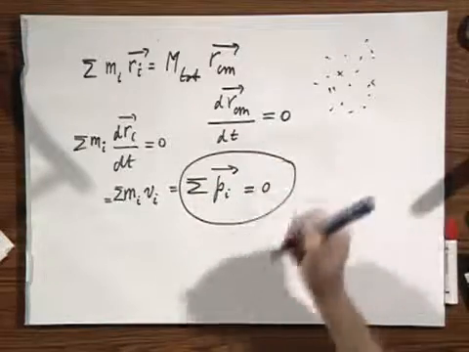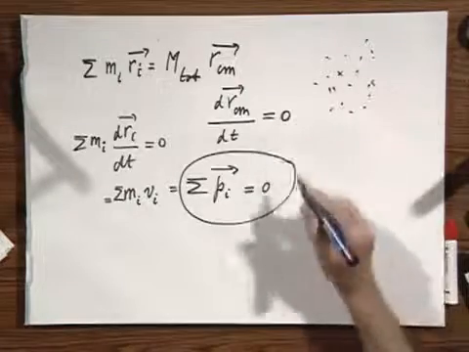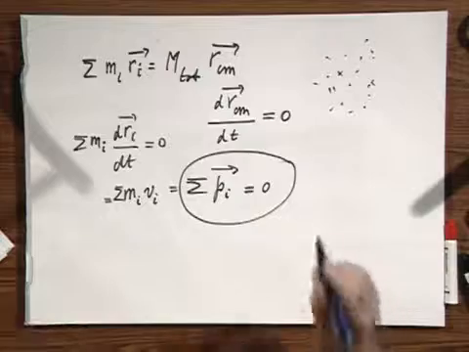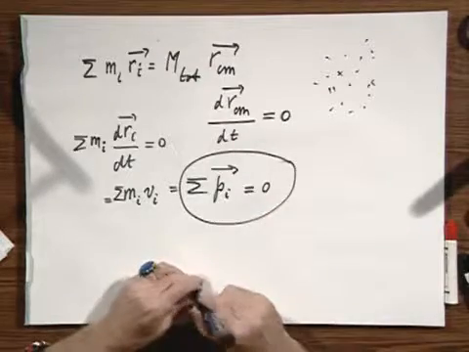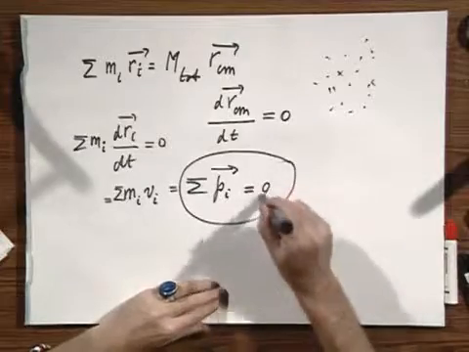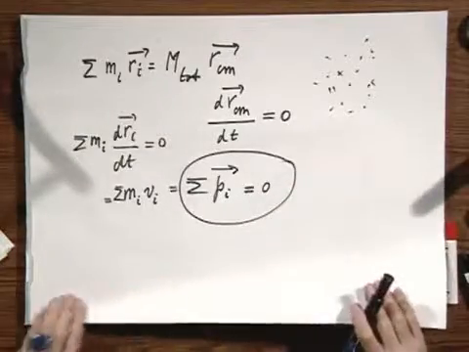So if I move in the center of mass frame of reference, then before and after the collision, if there are no external forces, the momentum is always 0. This is very characteristic, and this can come in very handy in solving certain problems.